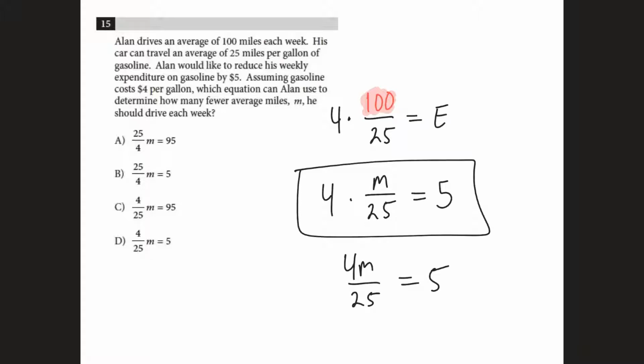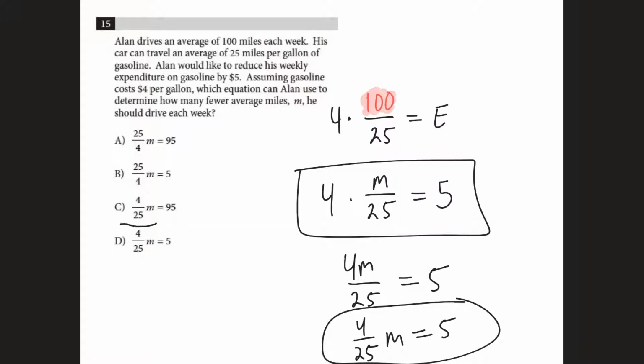And then we could pull that m out. We get 4 over 25 times m equals 5. So that would be the average number of miles that cost him $5 that he should reduce his weekly commute. So that is going to be D.